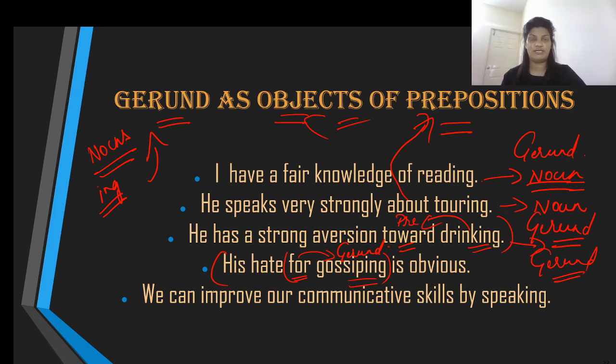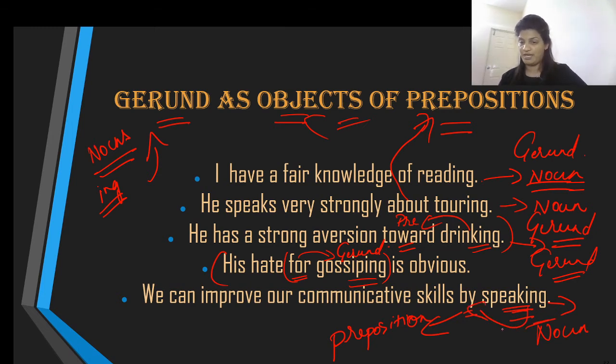gerund. All right. Next is, we can improve our communicative skills by speaking. There you have your preposition, and then you have the ing verb functioning like a noun. Here this is the object of the preposition by.